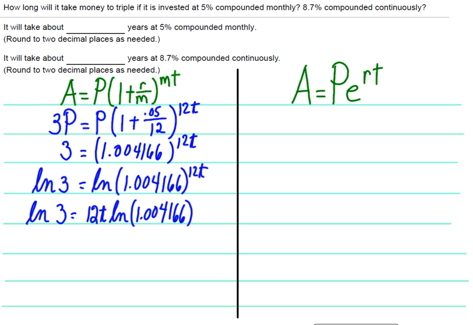In order to eliminate a step, to isolate the t, we're going to go ahead and divide by 12 natural log of 1.00416 on both sides.